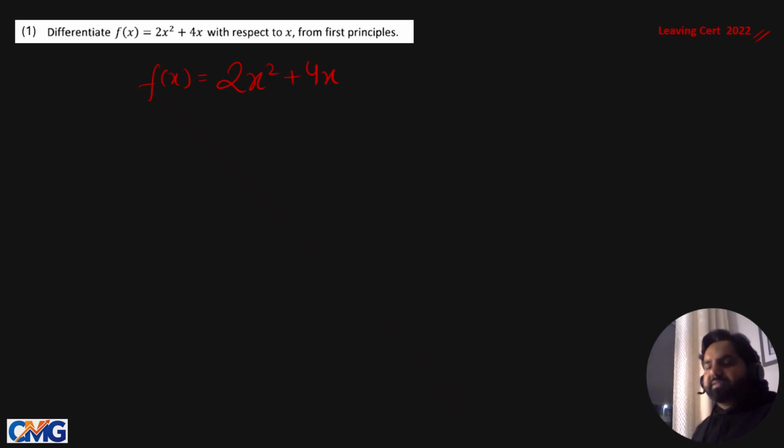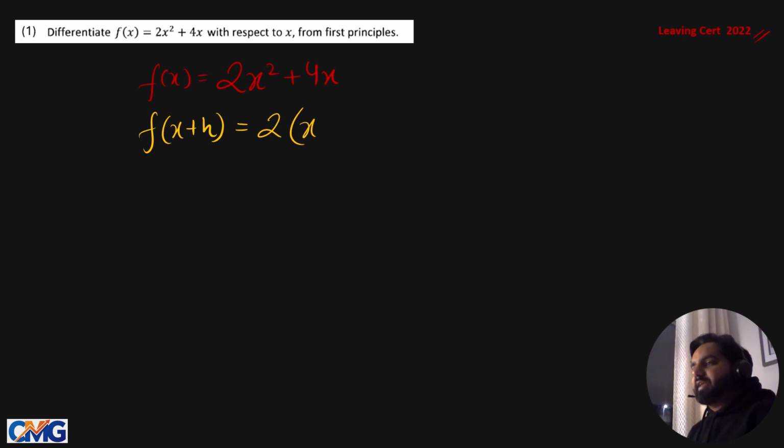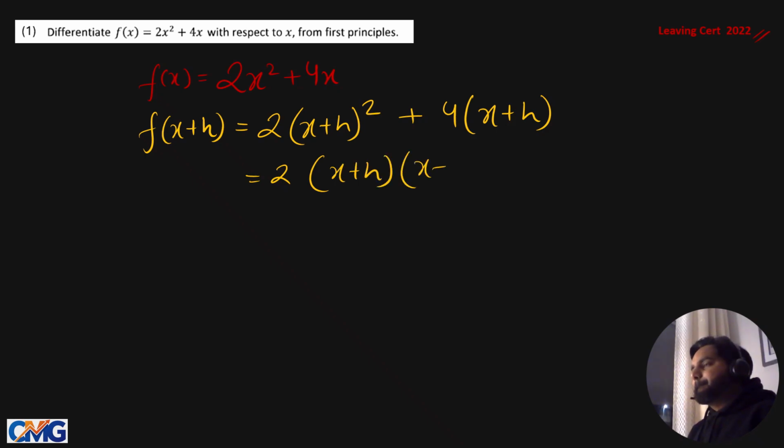Okay, always if the function is given, try to find f of x plus h. So what you have to do is basically replace x by x plus h. So can I write like this, 2 times (x plus h) square plus 4 again (x plus h). Okay, so this will become, let me multiply this 2 times, okay, plus 4x plus 4h.